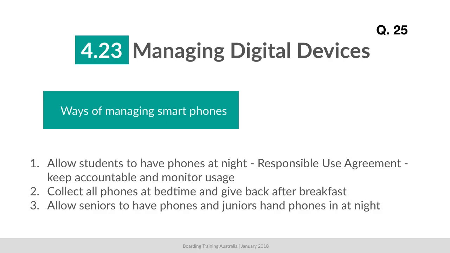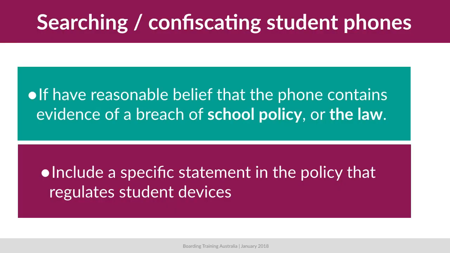And some organisations have a mix of these, where they allow students to have their phones overnight and juniors hand their phones in at night. You can search or confiscate a student's phone. If you have reasonable grounds that the phone contains evidence of a breach of school policy or law, then you can take it off the student.